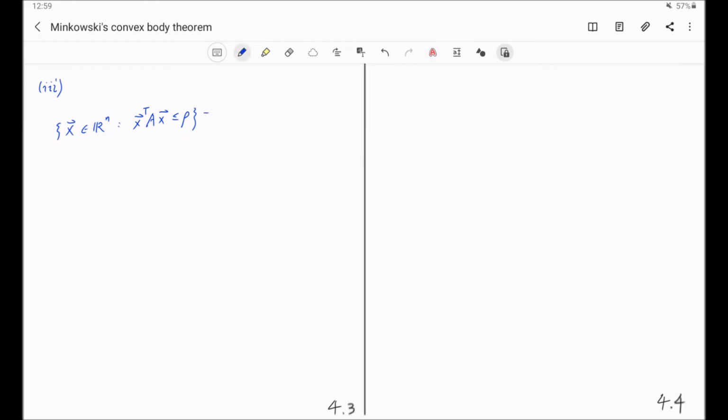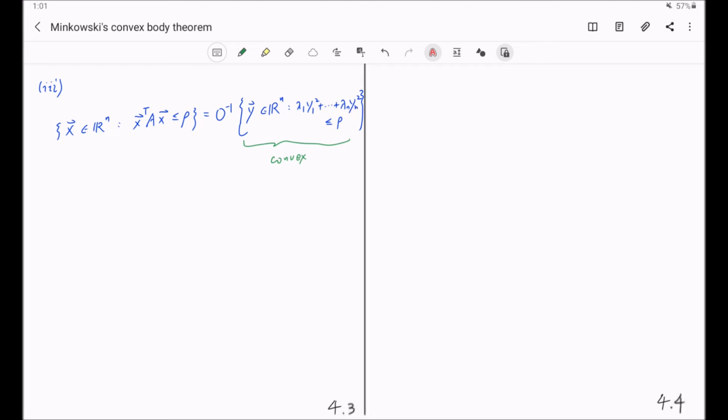This set is equal to O inverse of the points y in R^n such that lambda 1 y1 squared plus ... plus lambda n yn squared is less than or equal to rho. I claim that this part is convex. Why?